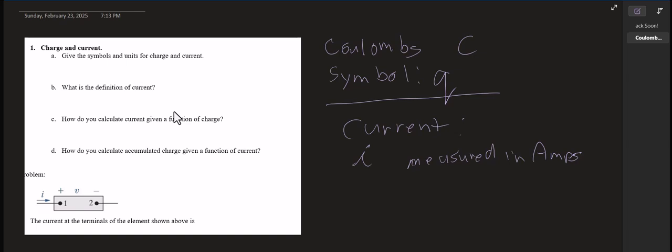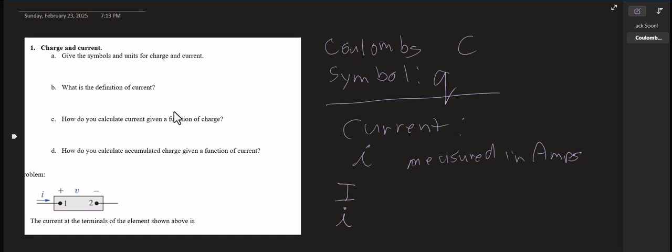And I am the worst at this, but usually, the way that your book does it is that if you have DC current, or current that's not changing, you use capital I. And if you have a current that is changing with time, you can use a lowercase i, but I am really bad about that.